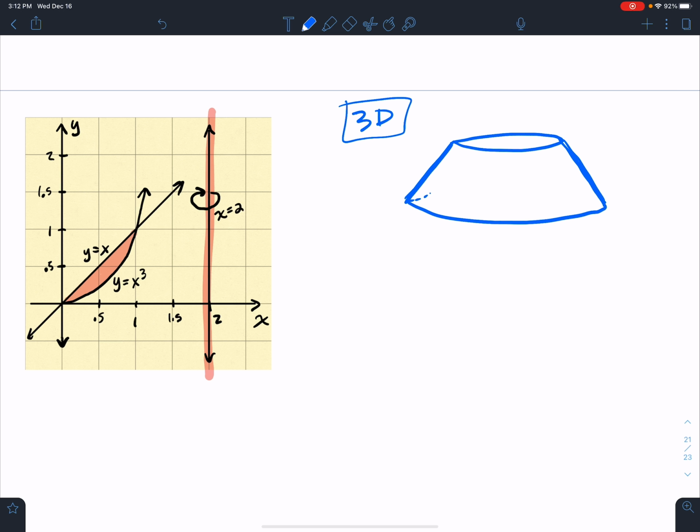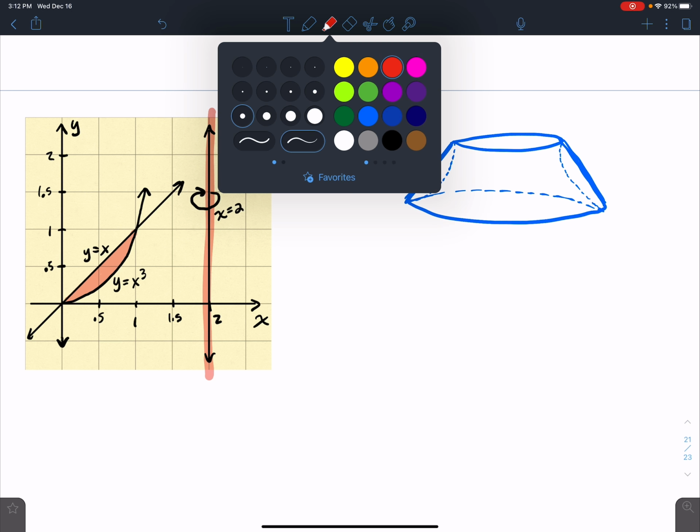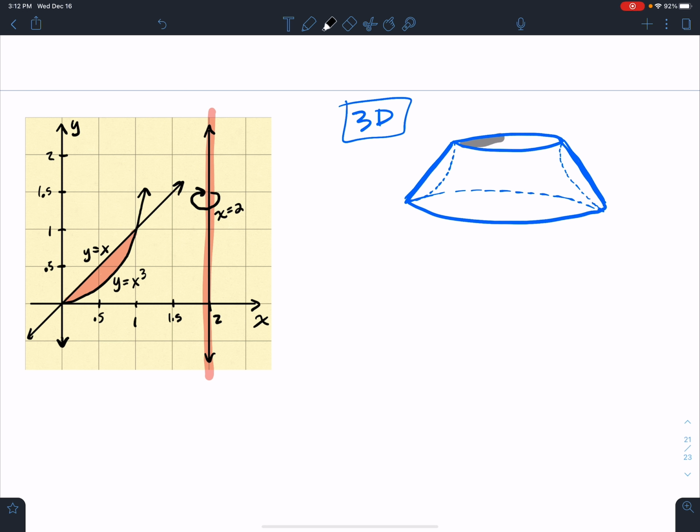So inside it kind of bends in like this, so it's got a little bit of a thickness. Not much. So it's like a hollowed out volcano here.